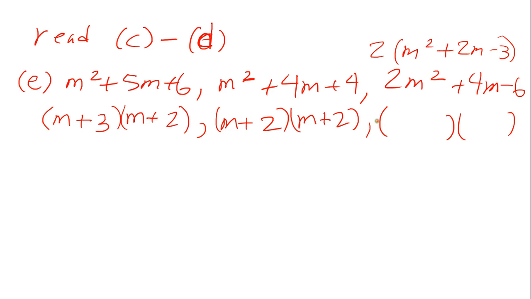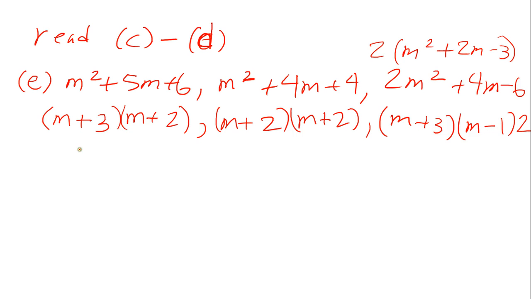So we can just go about this as usual. This is going to be all that times 2. So we'll end up with m and 2 factors of negative 3 that add to 2, which is going to be plus 3 and minus 1.